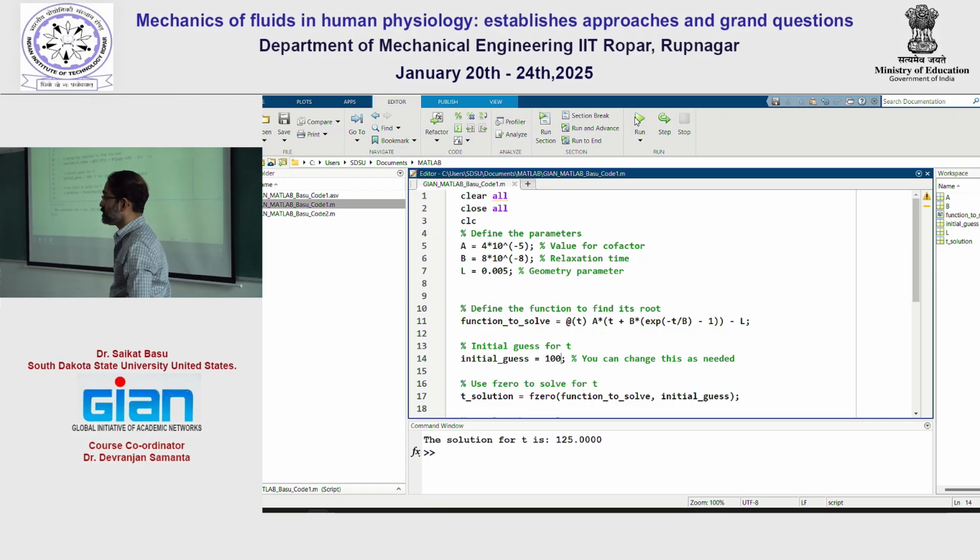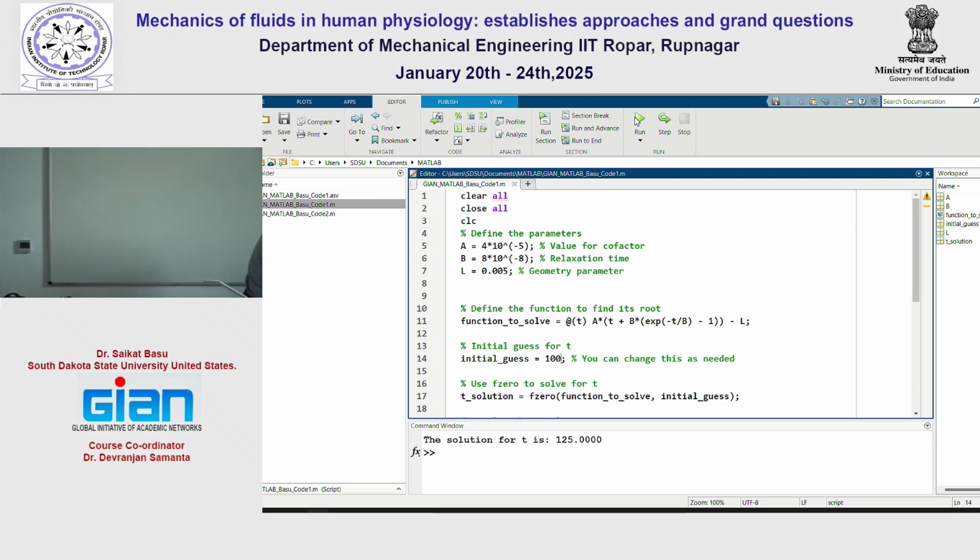What do you think happens to a particle if it stays airborne for 2 minutes inside the air? Would it deposit in the upper wall, upper airway? This particle is going to go downstream, downwind. If we change this initial guess, let's make it smaller. What happens then?